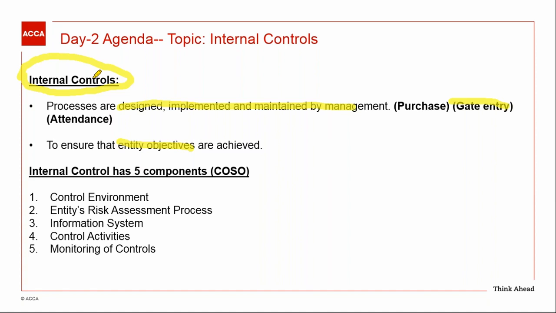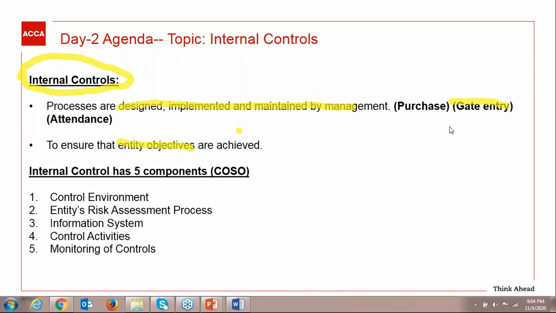Now we will discuss each and every component of internal control, and then you will be able to clarify the purpose of internal controls in an organization. You will be able to identify why an organization's internal controls are weak, what the reasons behind it are, and vice versa.